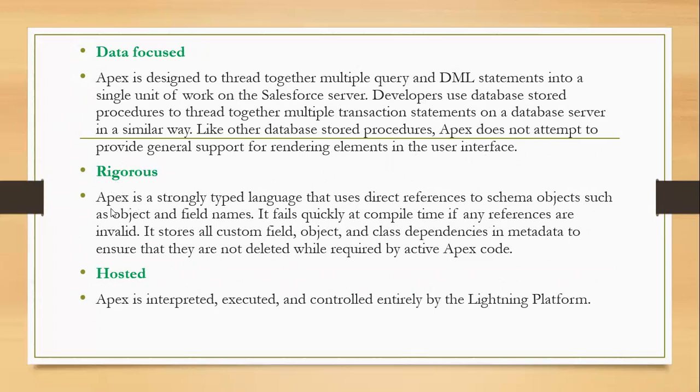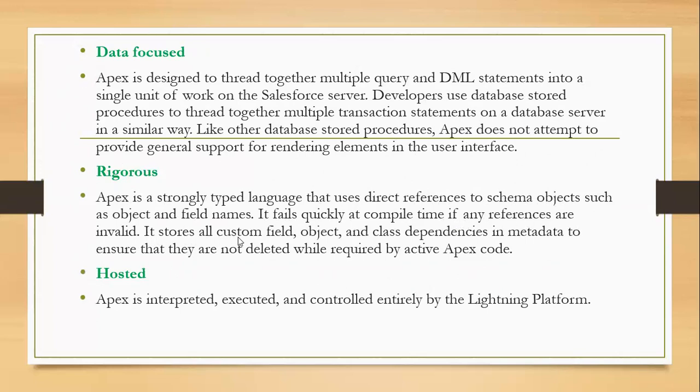Rigorous. Apex is a strongly typed language that uses direct references to schema objects such as object and field names. It fails quickly at compile time if any references are invalid.